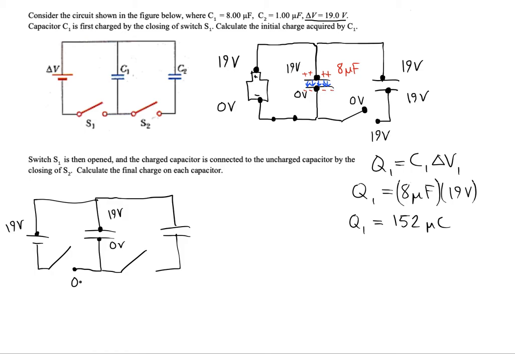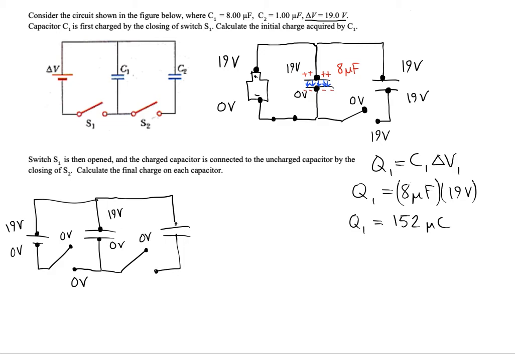So this will be at 0 volts. The negative terminal of the battery is 0 volts. The switch is at 0 volts. And there'll be no potential difference across that gap. This will be at 0 volts.